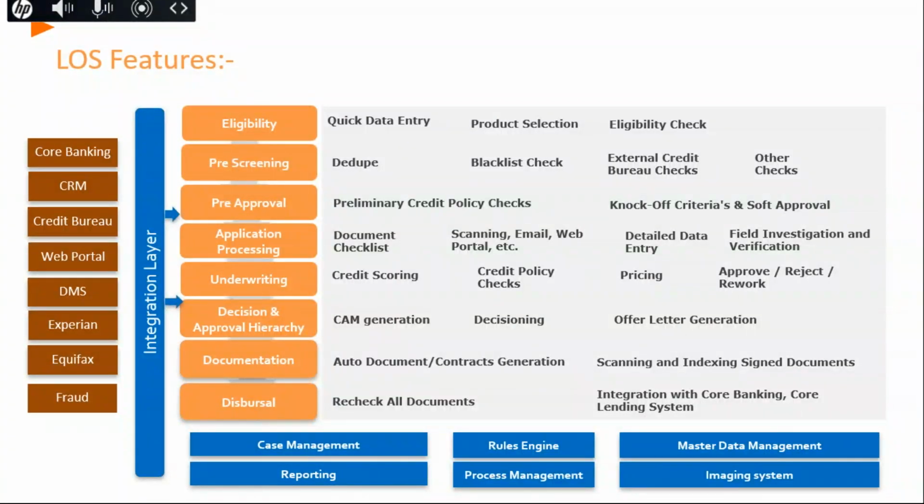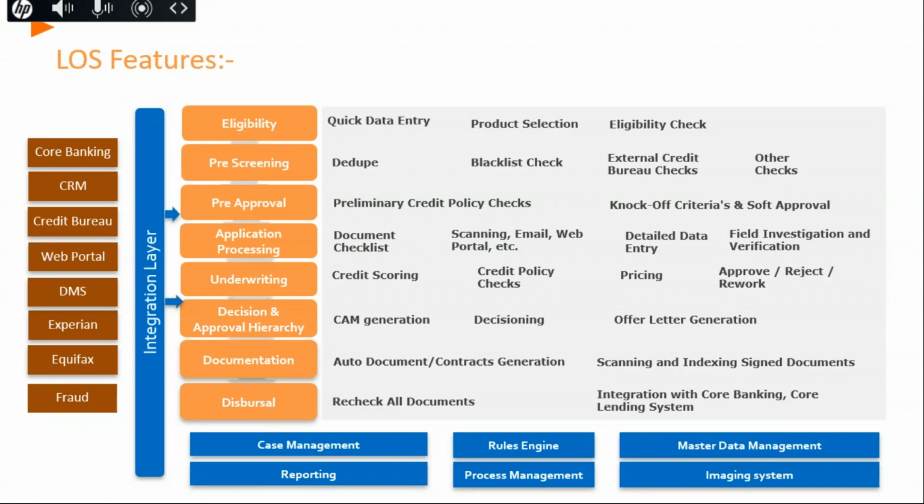Now, if you see at each of the LOS steps, what value do we bring in? At the eligibility step, we will help you with quick data entry, product selection, and eligibility check. I'll take you through some of the screenshots where you will see these things in detail as well. At the pre-approval step, we are helping with preliminary credit policy checks, knock-off criteria, and soft approvals.